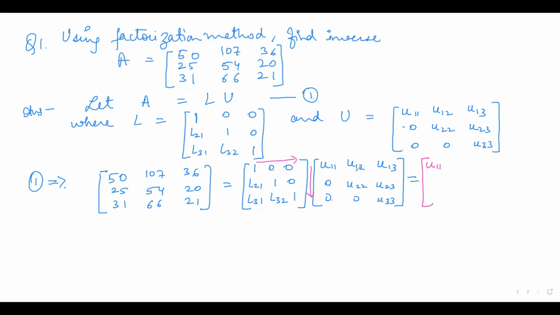Then the first row, second column will give you the second element of this resultant matrix. So that would be again U12. And lastly, I'll be getting here U13. So let me just write with the spacing.